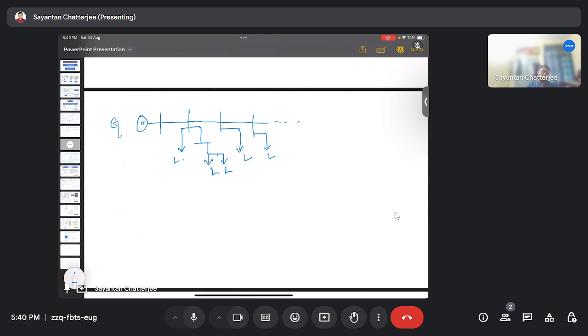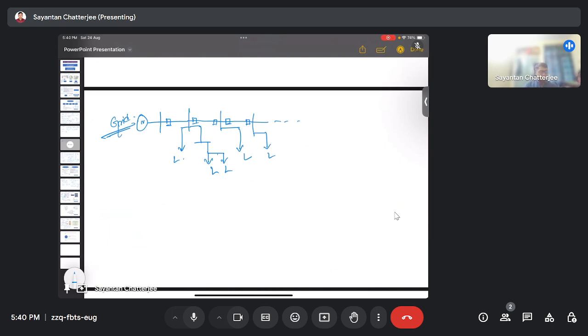So the problem is that here we have multiple operating scenarios. And suppose relays are here, here, here. So we have a huge diversity of operations that can be possible.